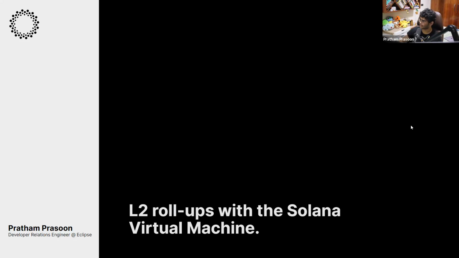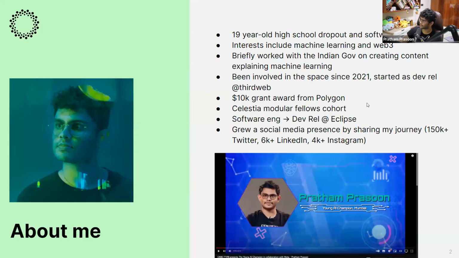So let's go ahead. I'm 19 years old, dropped out of high school, and I'm a self-taught software engineer, and I've been learning how to code for the past 4 or 5 years, seriously. I've learned everything from Python to JavaScript and Rust, and I've worked at several other companies.